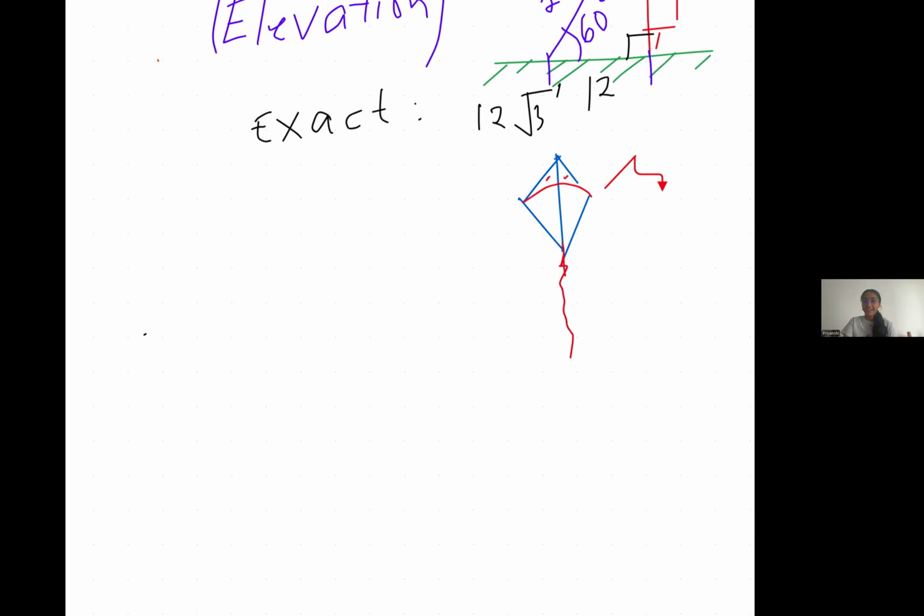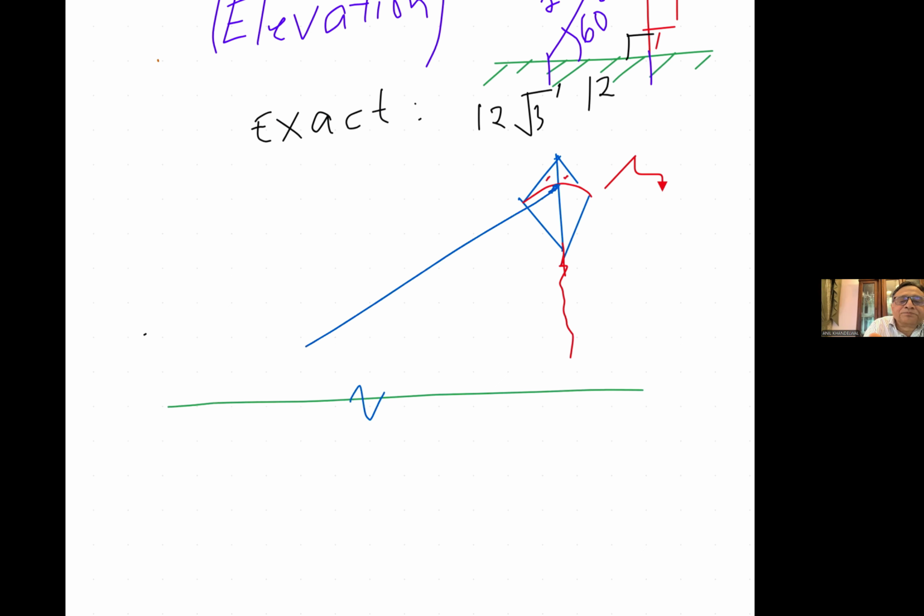When we draw these diagrams, I know this is not to scale, so I'm just making a break here. So let's say this particular kite is somewhere like that, and we now know how far the kite is along the ground. Let's say this is about 1 kilometer.